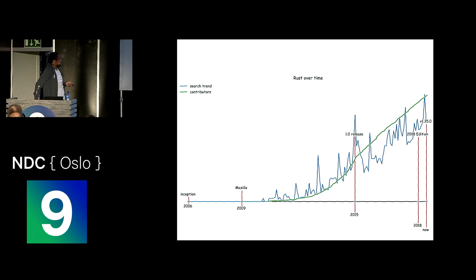The line in blue is just a trend on Google, showing how much people have been interested in Rust over time. The green line is showing the growth of developers, contributors who have contributed to the Rust compiler. It's important to note that Rust development has been open. You can go on GitHub and find the whole history.